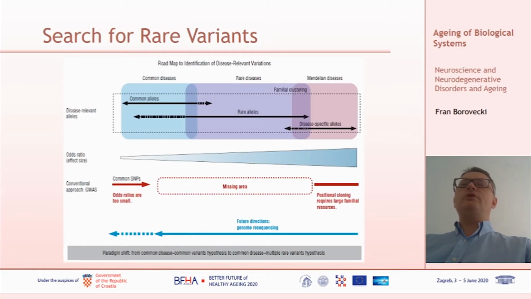When we talk about the genomic and genetic background of neurodegenerative diseases, but also other complex diseases, we can summarize our current status in the slide you can see here. Basically, we have two ends of the spectrum covered well. On the right hand, we have Mendelian diseases.